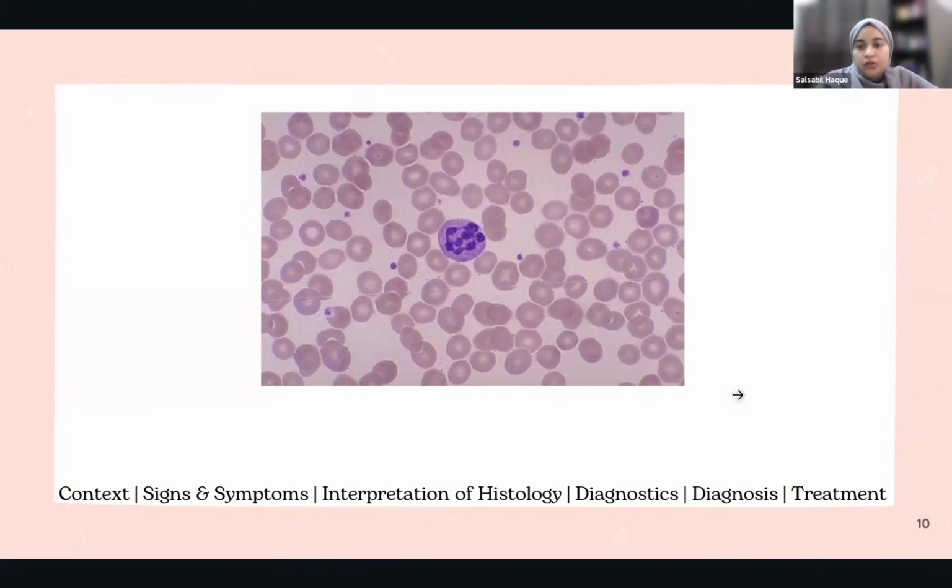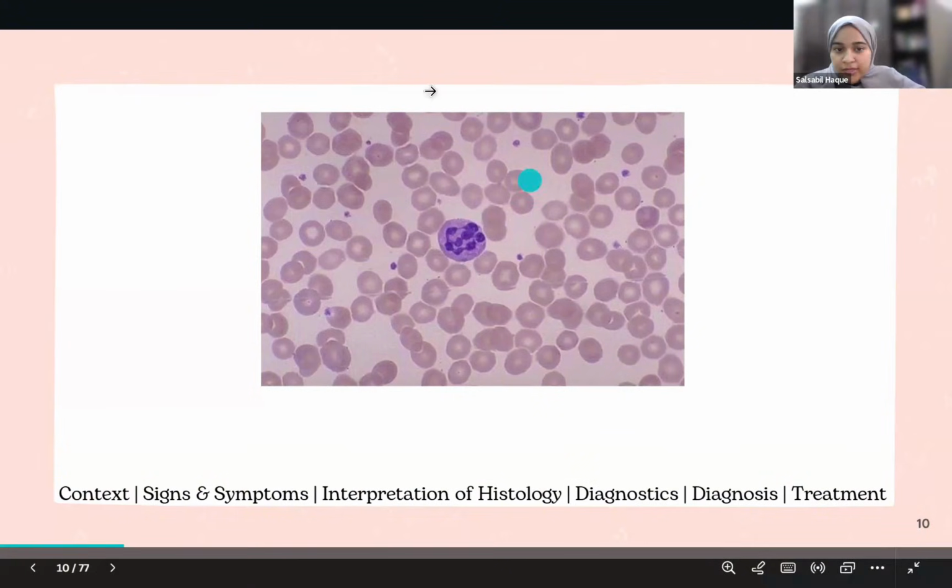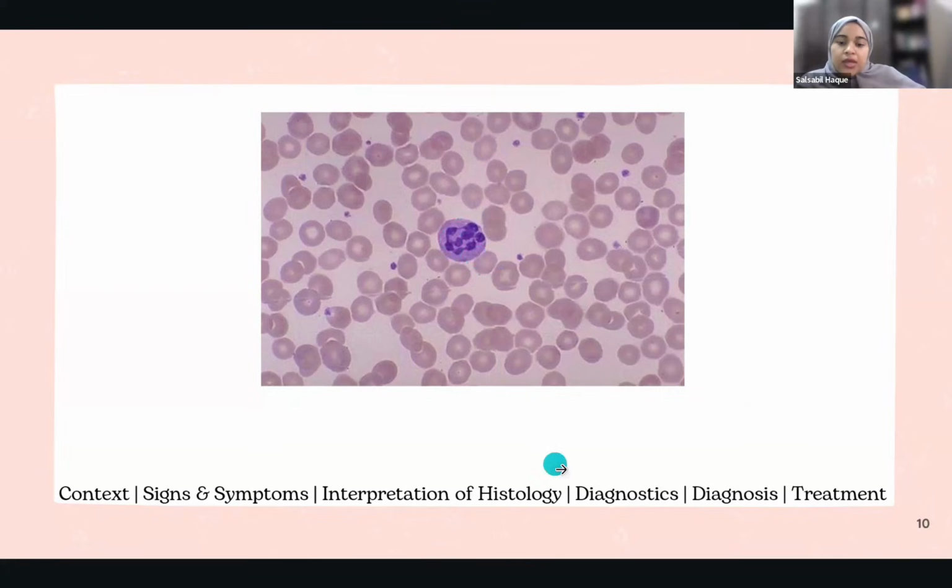Neurological symptoms are seen with B12 deficiency, but they are not seen with folic acid deficiency. So that is one thing that can be used to differentiate folic acid and B12 deficiency, and it's very important for SAQs. Interpretation of histology, we said that these are macrocytes and hypersegmented neutrophils.